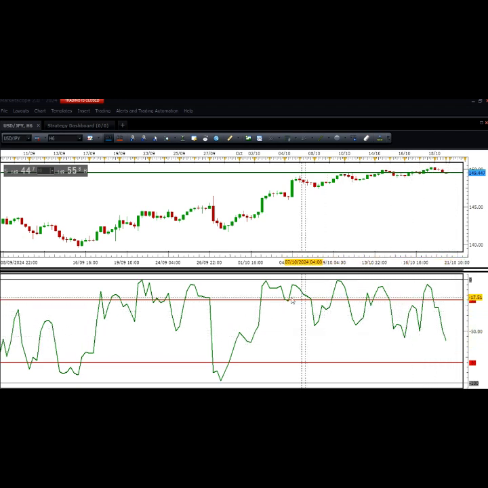But earlier on in the month, I was watching these lines go up and down. As soon as it crossed this bottom line down here on the way up, as soon as this tip touched that red line there, I looked up and I saw a green candle.